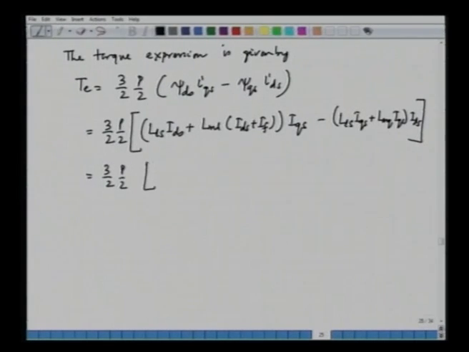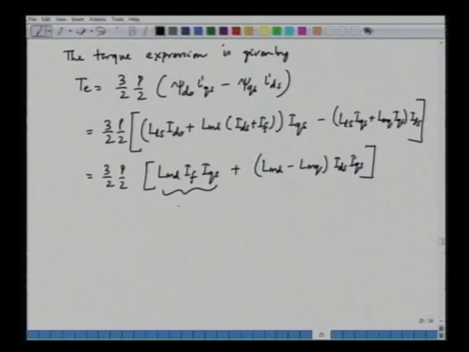We have here LMD, IF, IQS, plus we have LMD minus LMQ into IDS, IQS. So, this is in terms of inductances. LMD and LMQ are the D axis magnetizing inductance and the Q axis magnetizing inductance respectively.